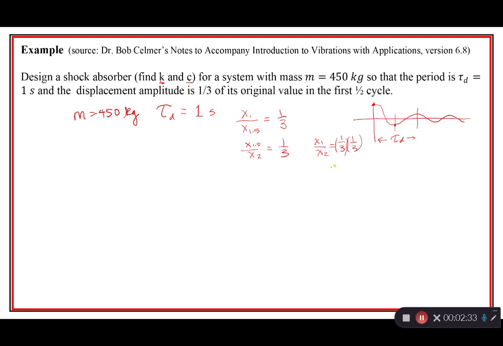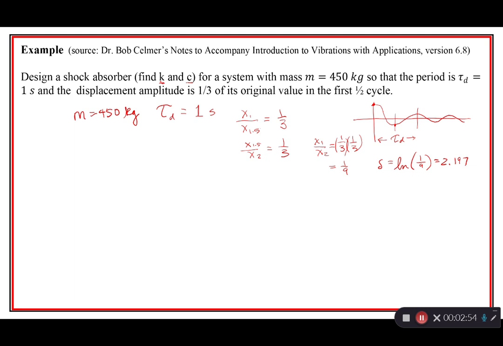So we expect that to be 1/9. And if that's the case, then we're going to have a log decrement of natural log of 1/9. And we hit that in our calculator, and that's 2.197.